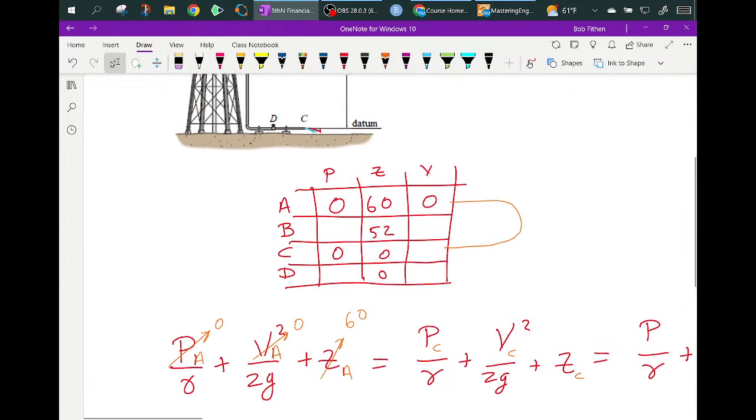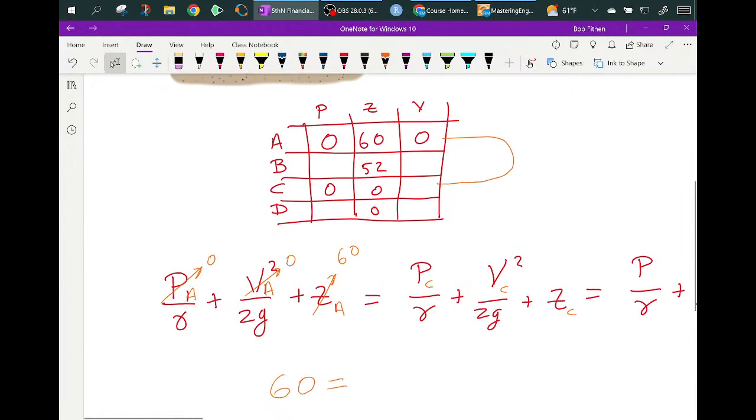Then PC, pressure at C, well, that's going to be equal to 0. Elevation at C, that's going to be 0. So the velocity at C squared over 2g.